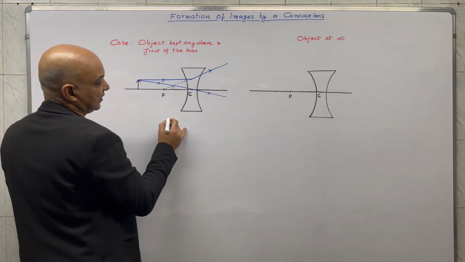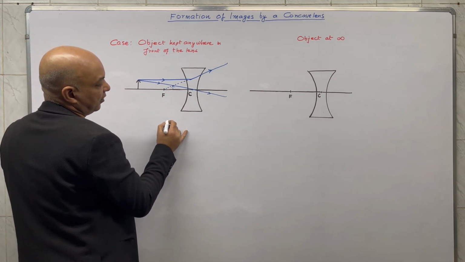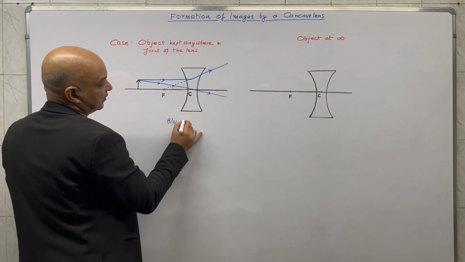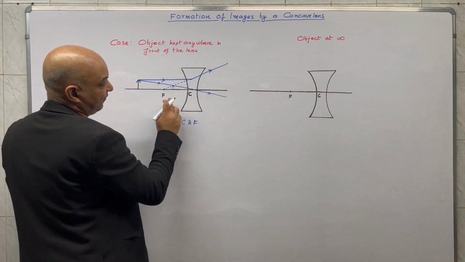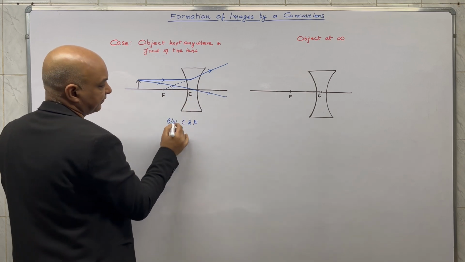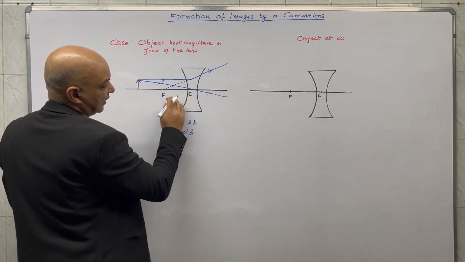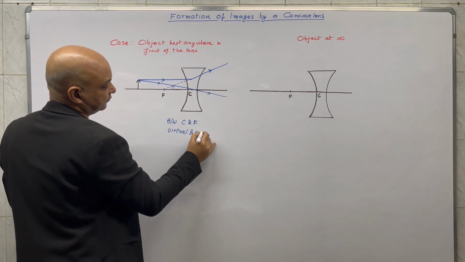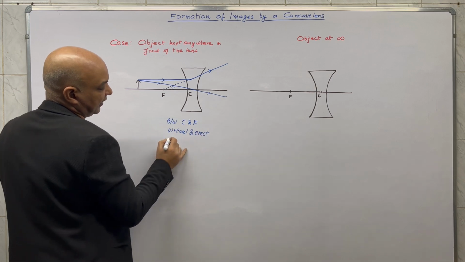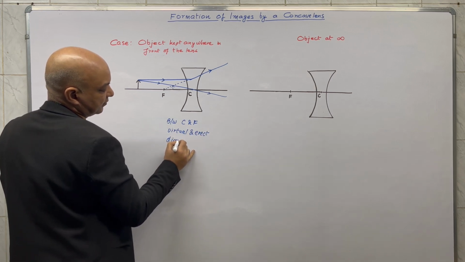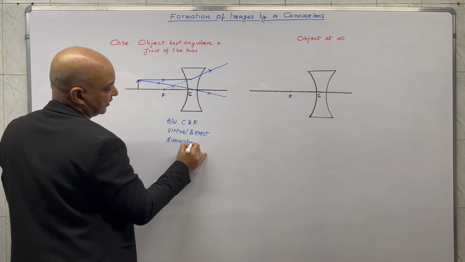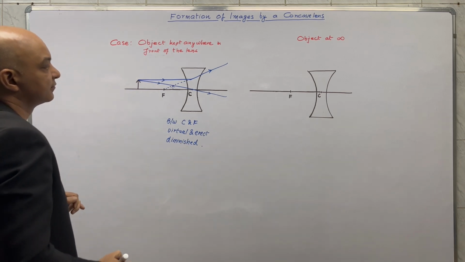So here in this case, the image is formed between C and F. Always it is going to be virtual and erect, and it is going to be diminished, always smaller than the object size.